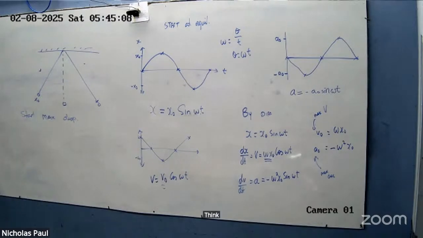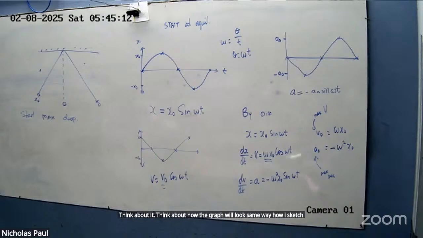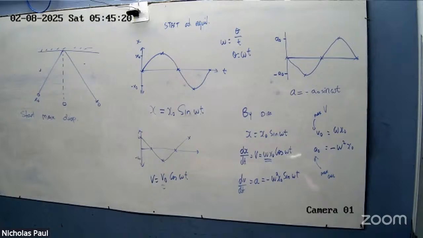Think about how the graph will look, the same way how I sketched these points for you. Try to see if you can figure out the first one and then differentiate and get the others.